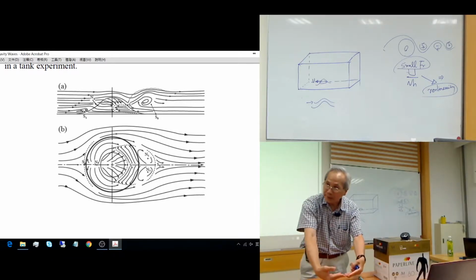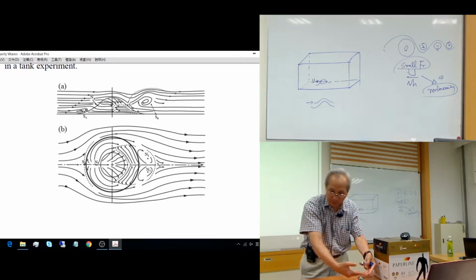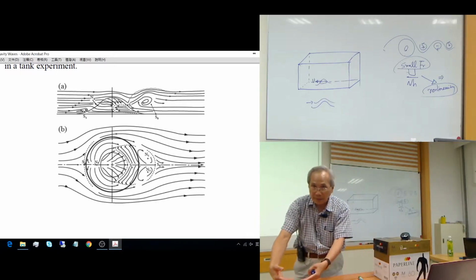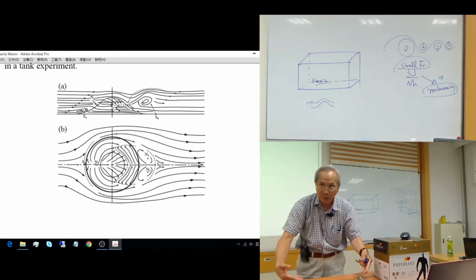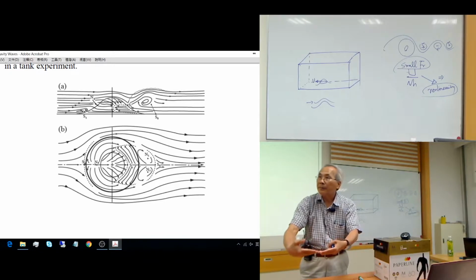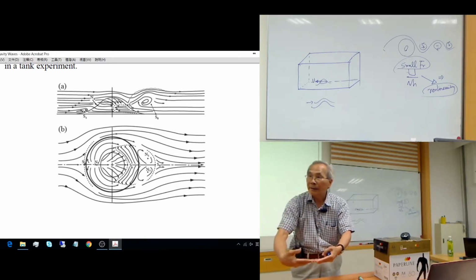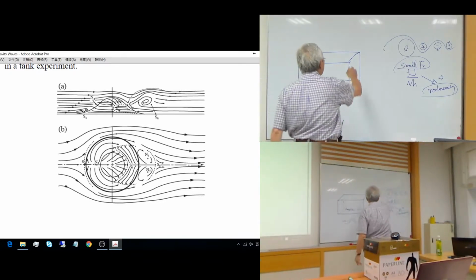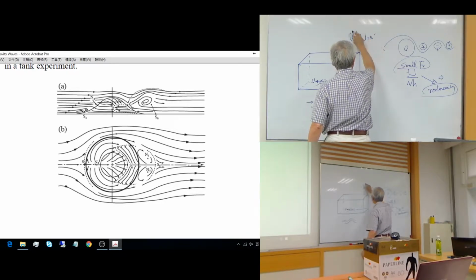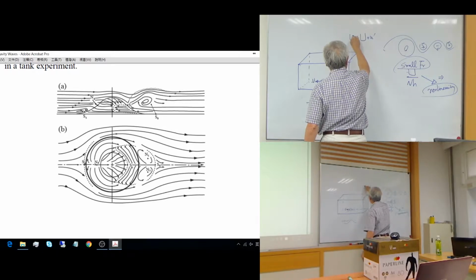So at some point, it could be close to the mountain, it could be away from the mountain. If blocking is very strong, it could be further away from the mountain. If blocking is less strong, it could be close to the mountain. And at that point, there is no velocity. Okay, so your U equals capital U plus U prime, and this is 0.